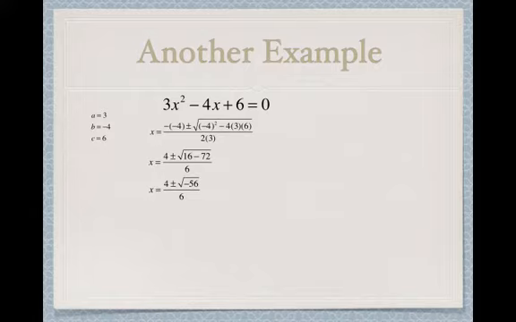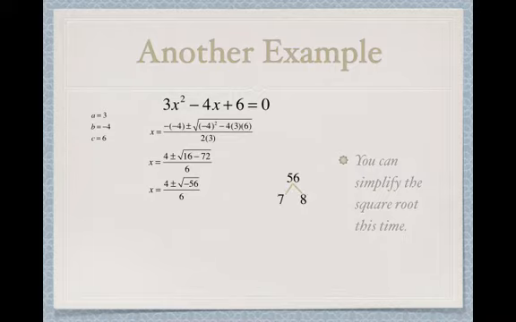Okay, so remember, we want to try to simplify the square root, and this time we actually can. So off to the side of your paper, make a factor tree for 56. You get 7 and 8, and then 2 and 4, and then the 4 can simplify to 2 and 2.